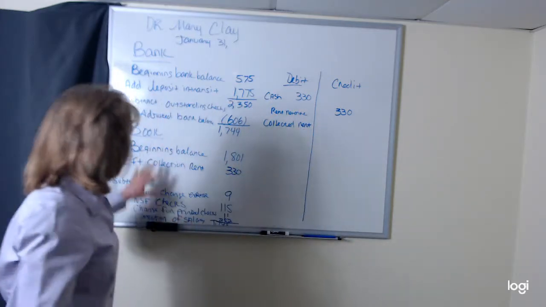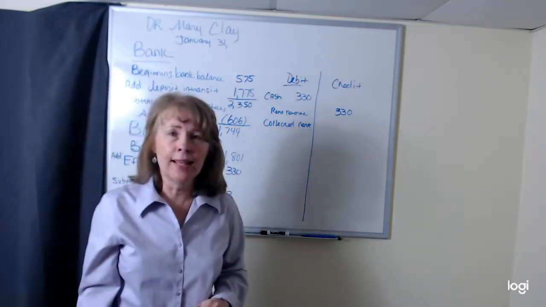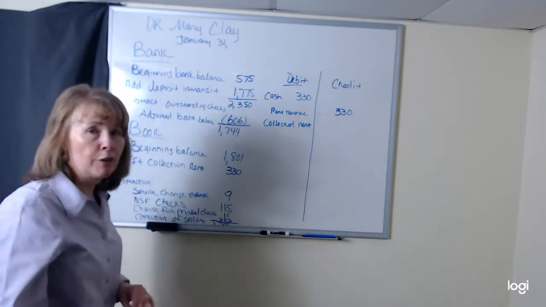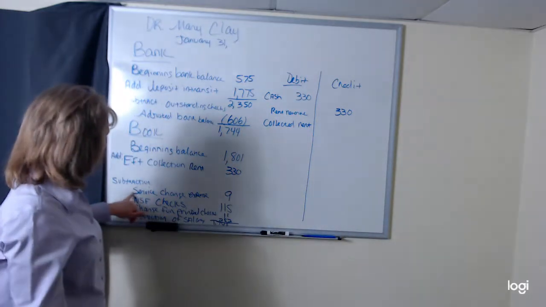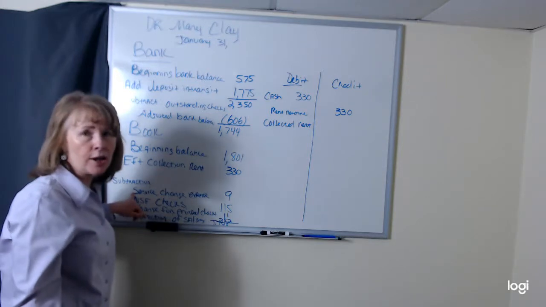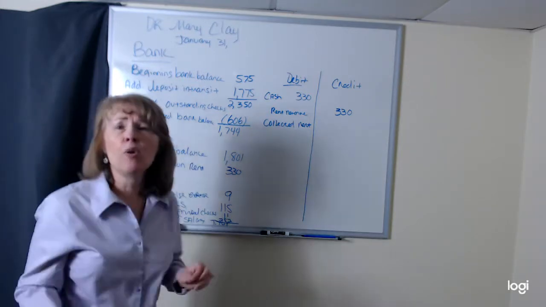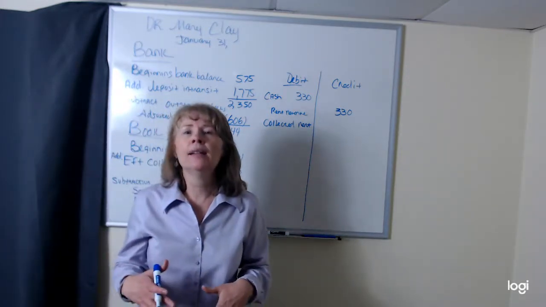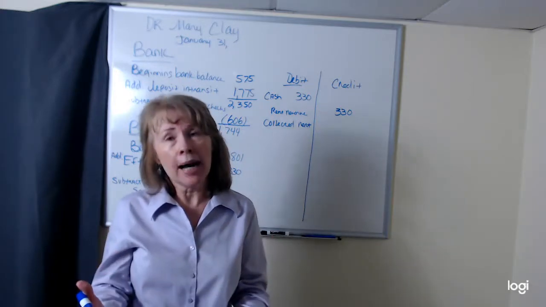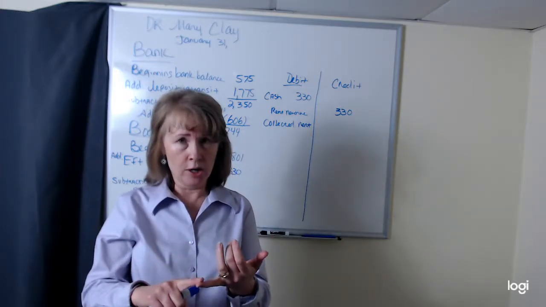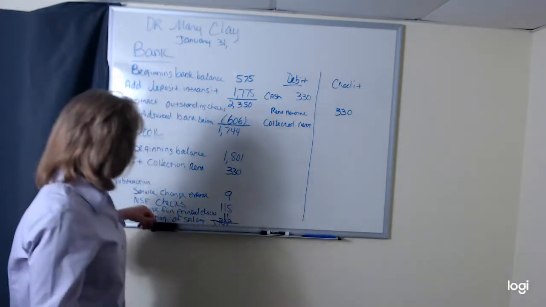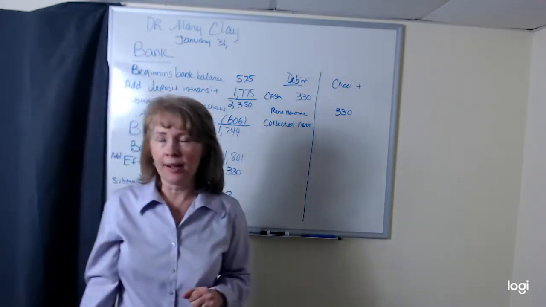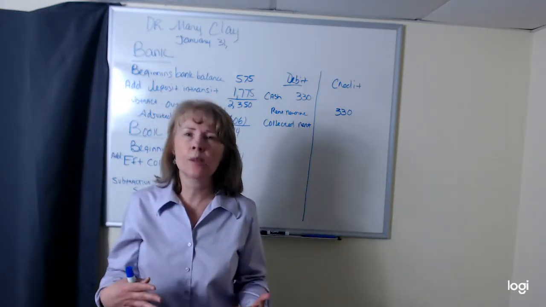Okay. I go to my next entry that I will make. And again, working from my reconciliation, my next item is service charge. For the lab, you can combine your service charge and your charge for printed checks. Why? Because those are expenses.